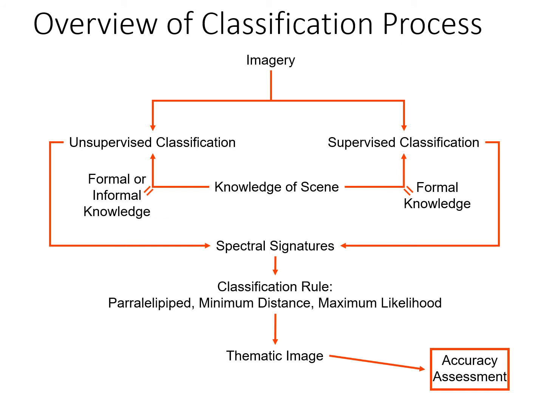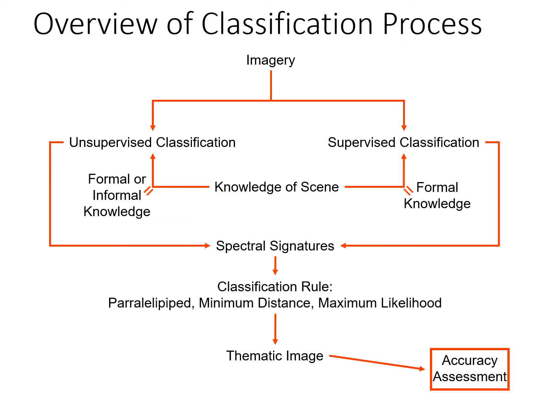Now, if you don't have that kind of formal training data, then you might have some kind of formal or informal knowledge. That is, you might not have a sufficient number of plots to really give you everything that you need in terms of formal data required for a supervised classification, or you might only have informal knowledge.